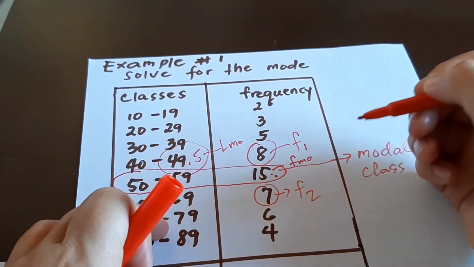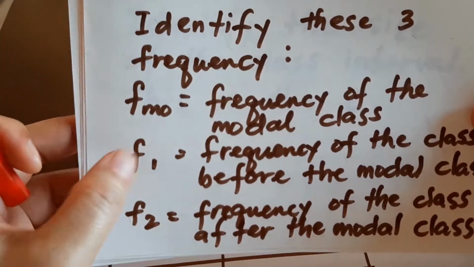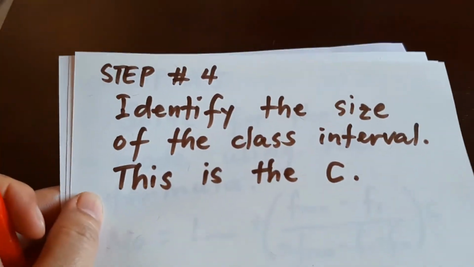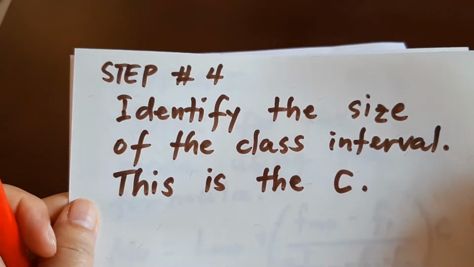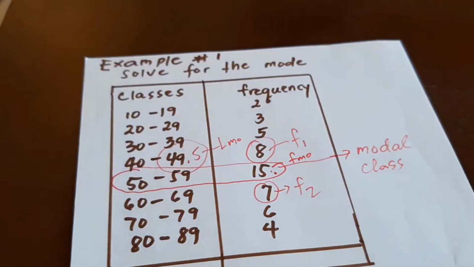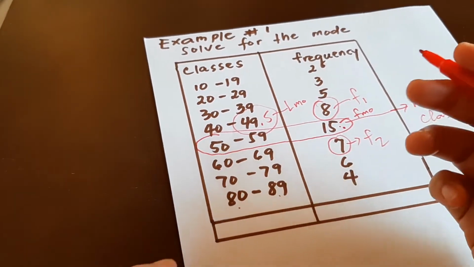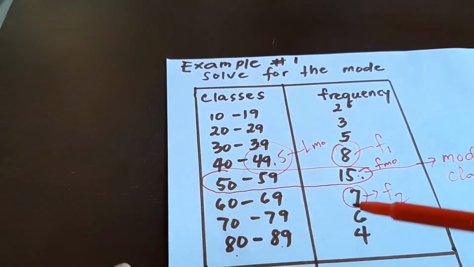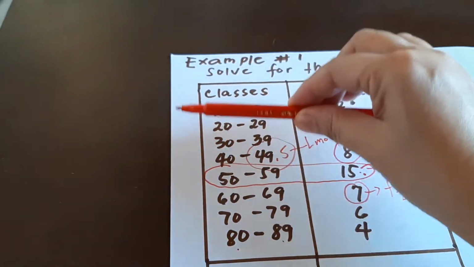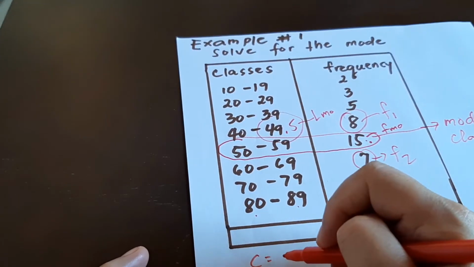And after identifying these three, step number 4 is identify the size of the class interval. This is the C. So the class interval is again 89 minus 80 plus 1 gives you 10, or like 10, 20, 30, 40. So the interval of each class is 10. So C equals 10.